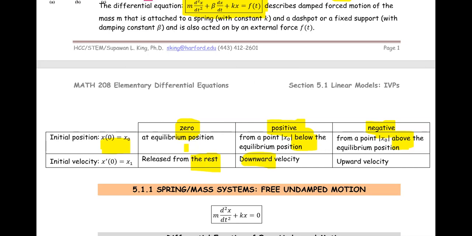At the end of each problem, I'll explain using the graph based on the description of the problem. And if x prime is negative, the motion is upward velocity. So the sign looks opposite to what we read from the description: below positive, above negative, downward positive, upward negative.